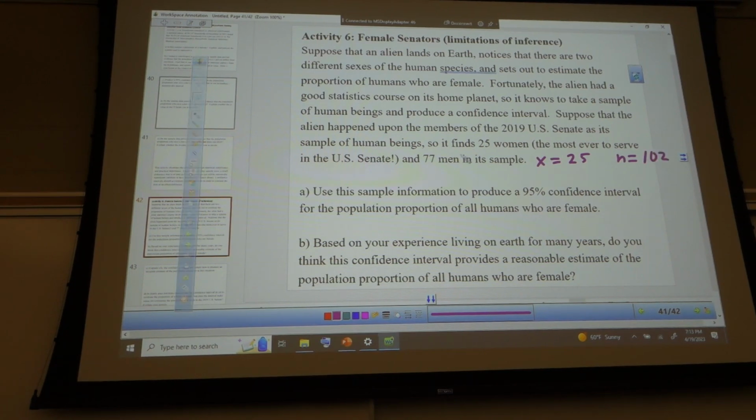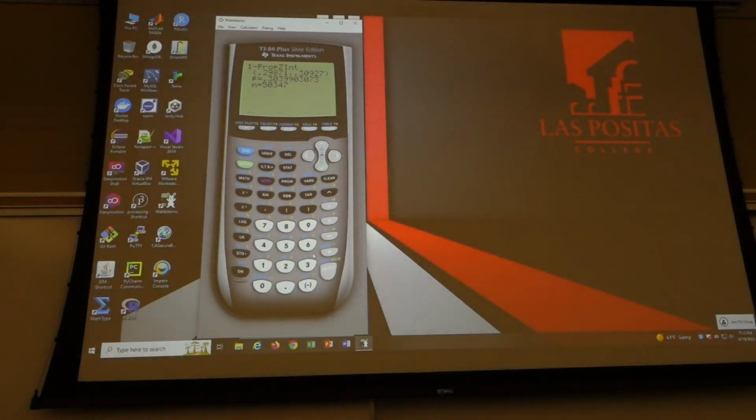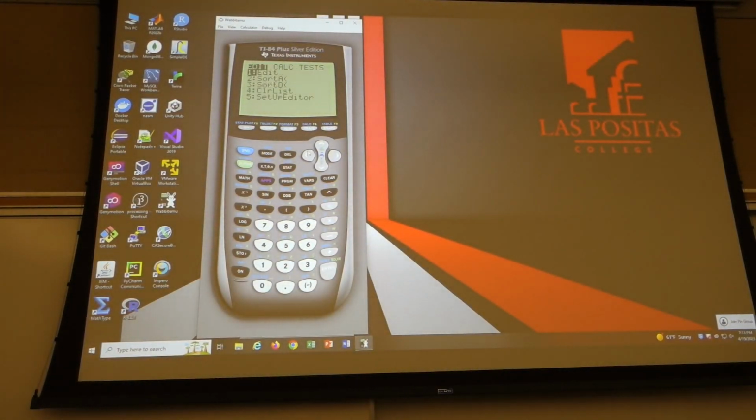Everybody on board? Because there's 102 people. So we're going to pop in here real quickly, and we're going to do STAT TESTS, 1-PropZInt. We had 25 women out of 102, and they wanted a confidence interval that was 95%.